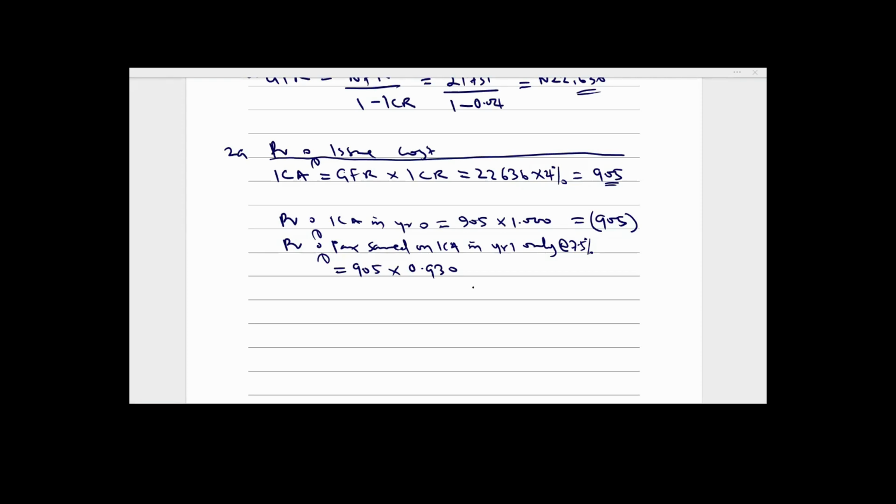Sorry, I said tax saved. I have not multiplied with the company tax rate. The company tax rate for Alcantara is 25%. So multiply by 25%. So I have 905 multiplied by 0.930 multiplied by 0.25 equals 210.